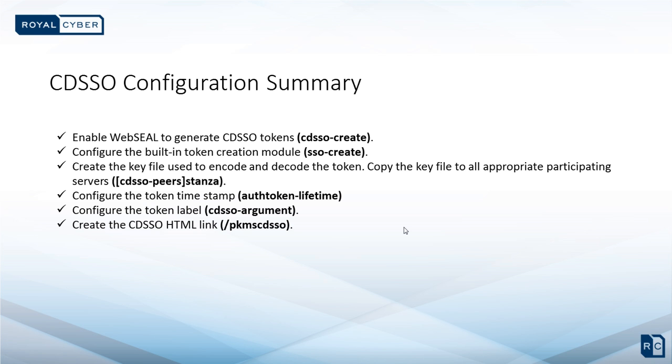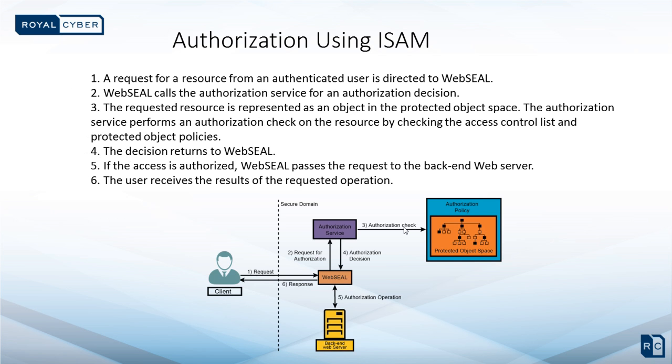Then there's a cdsso-peers stanza that is configured, and it is used to generate keys and share them with all the participating servers in the CDSSO domain. You can also label the token under the cdsso-argument parameter and define the life of the token. So this was all about the authentication mechanisms and multi-domain single sign-on from IBM Security Access Manager.